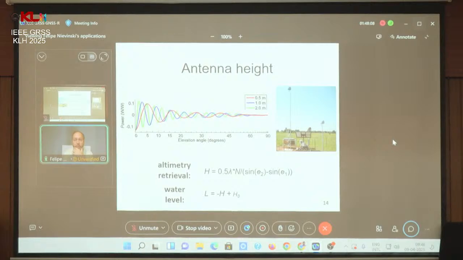So we call that the reflector height, or reflector depth if you want, because it's measured down from the antenna.